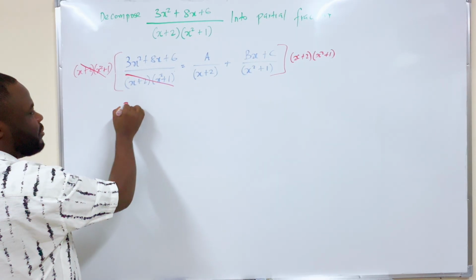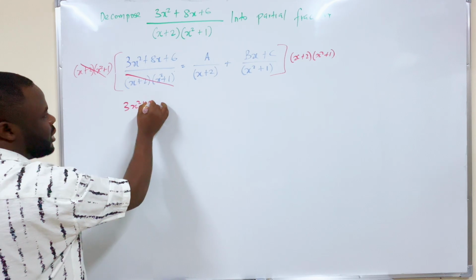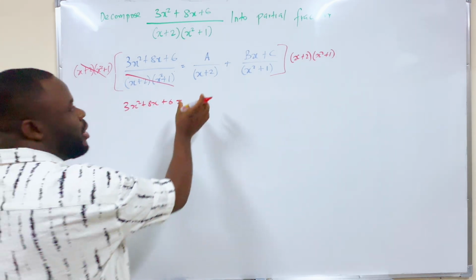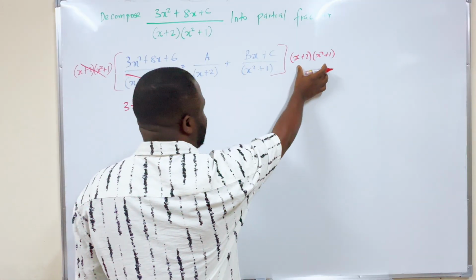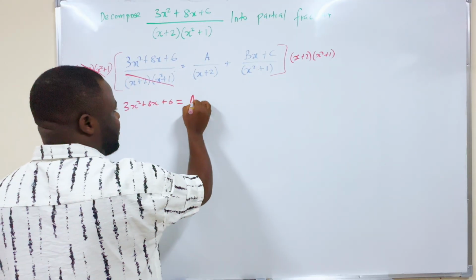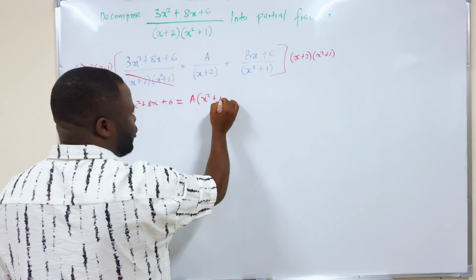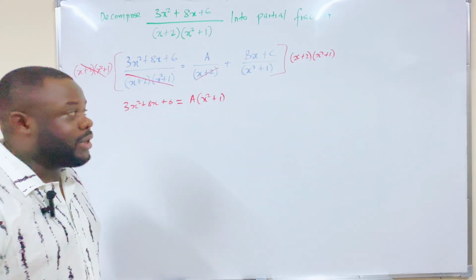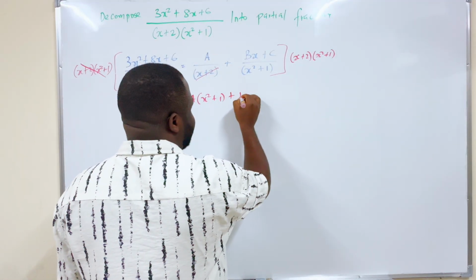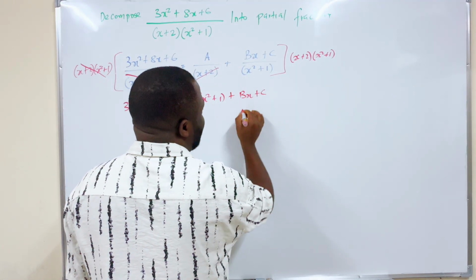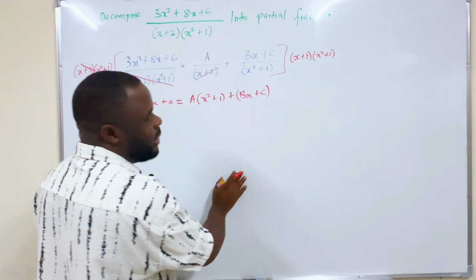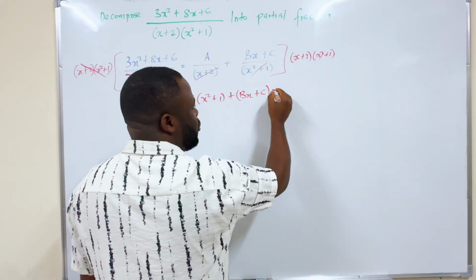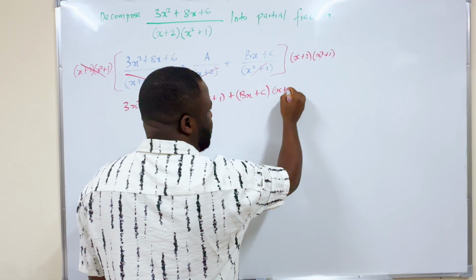So 3x^2 + 8x + 6 will be equivalent to A(x^2 + 1), because we cancel the x + 2, plus (Bx + C) multiplied through. This cancels the x^2 + 1, so we are left with (x + 2).